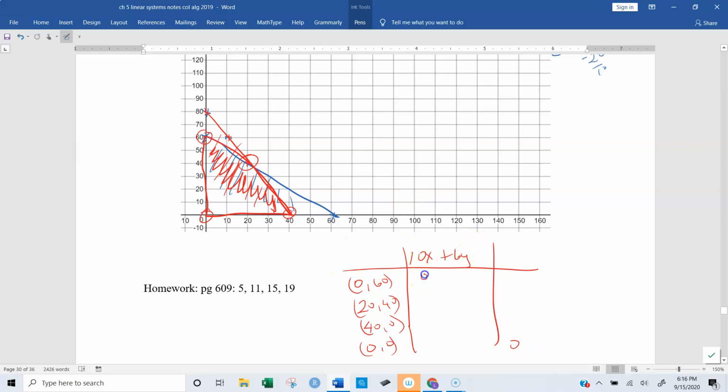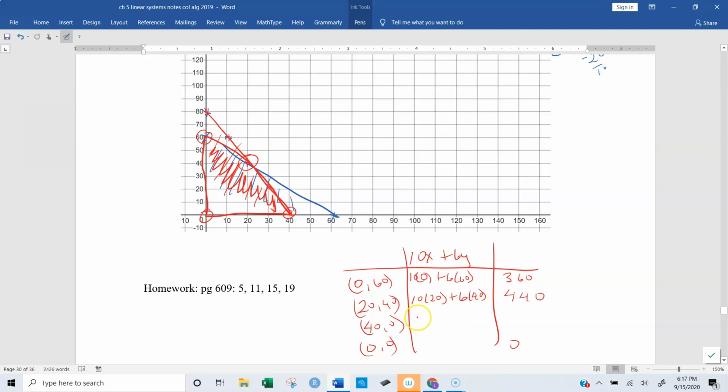So we plug in 0 for my x and 60 for my y, and we get 360. Now let's plug in 20 for my x and 40 for my y, and we get 440.